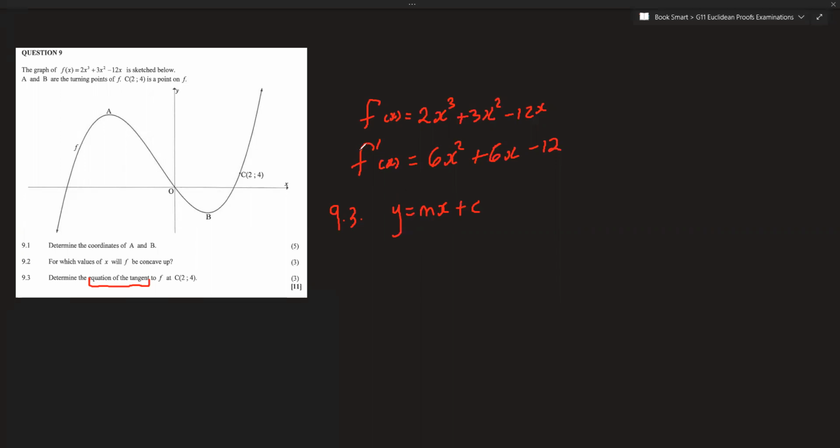And then remember, what does the derivative mean? The derivative means gradient, right? This means gradient. Sharp. So at the point of contact, the gradient of the curve, which is f prime x, and the gradient of the tangent are always the same.